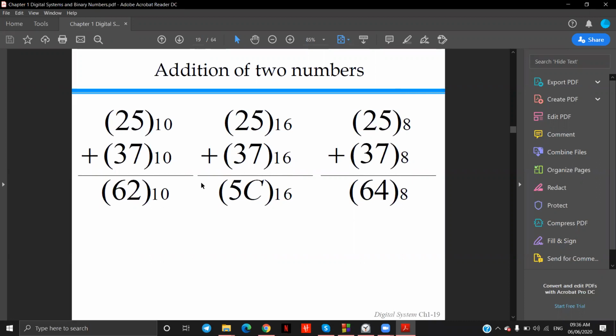If we add those two numbers in the decimal number system, we get the result 62, but we get 5C when we add them in the hexadecimal number system, and we get 64 as a result when we add them in the octal number system.